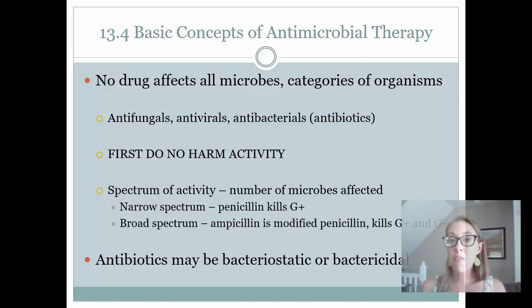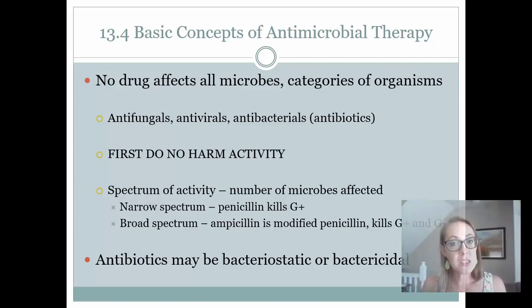Ampicillin is a modified version of penicillin that has a broader spectrum of microbes that it can kill. Ampicillin has the ability to pass through that outer membrane and get down to that thin layer of peptidoglycan where those enzymes are busy assembling that cell wall.